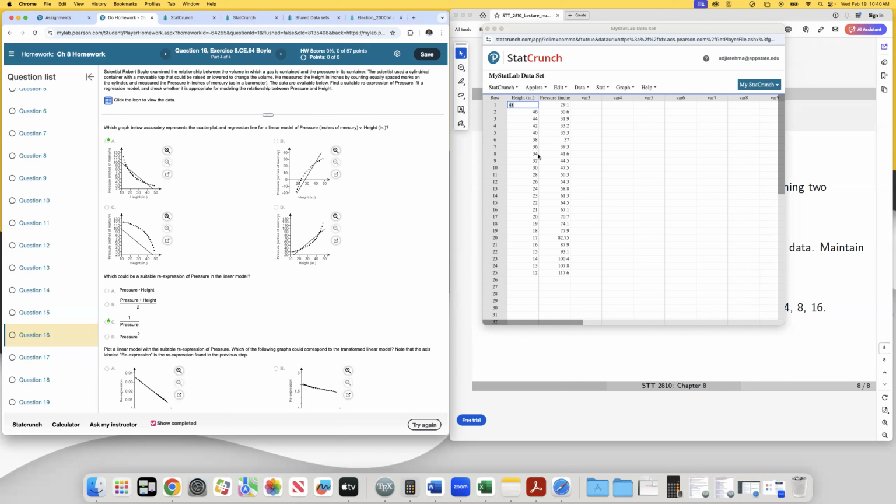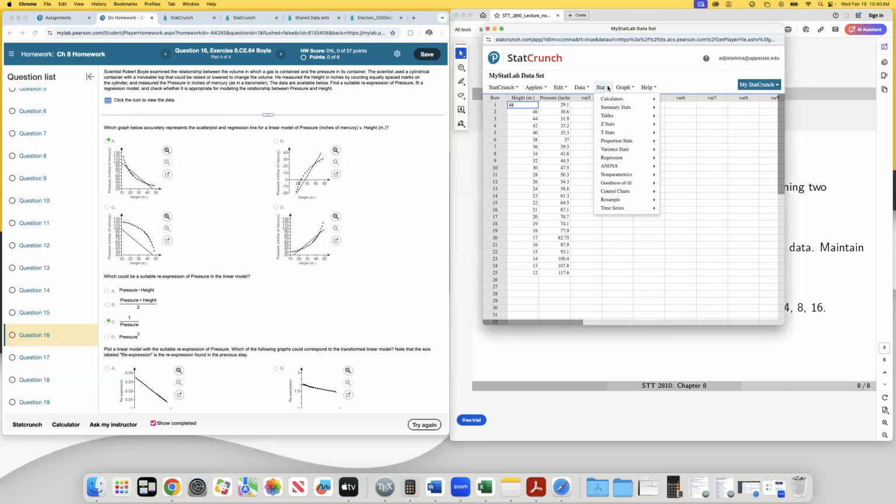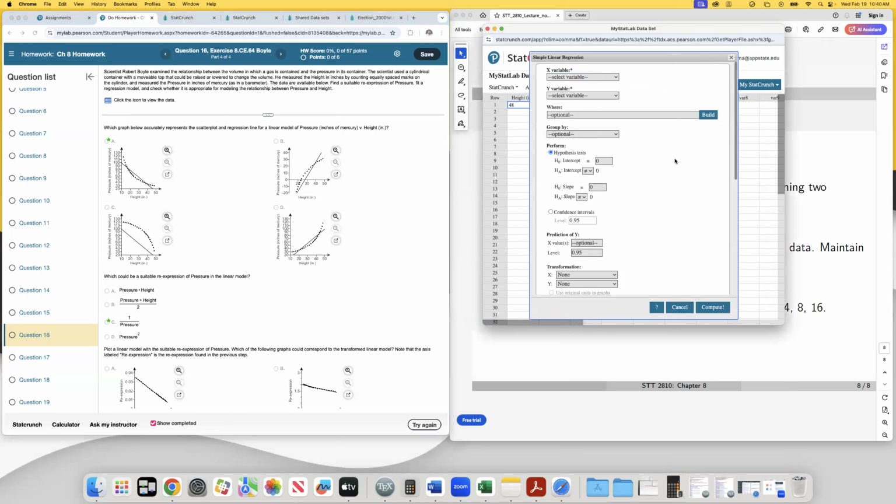We have the data here, and you know how I got to the data. So we go to Stat, regression, simple linear. Our X, you can see from here, is height. I am taking it from here. The possible answers all use height, and the Y is the pressure.